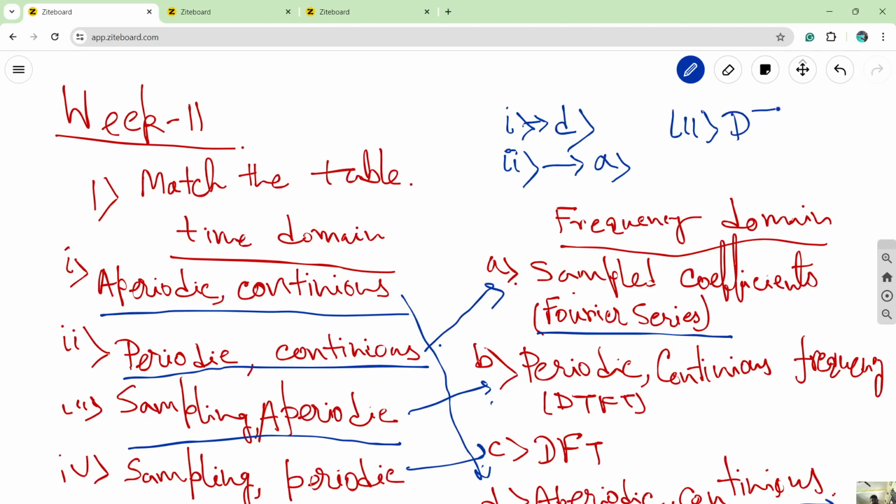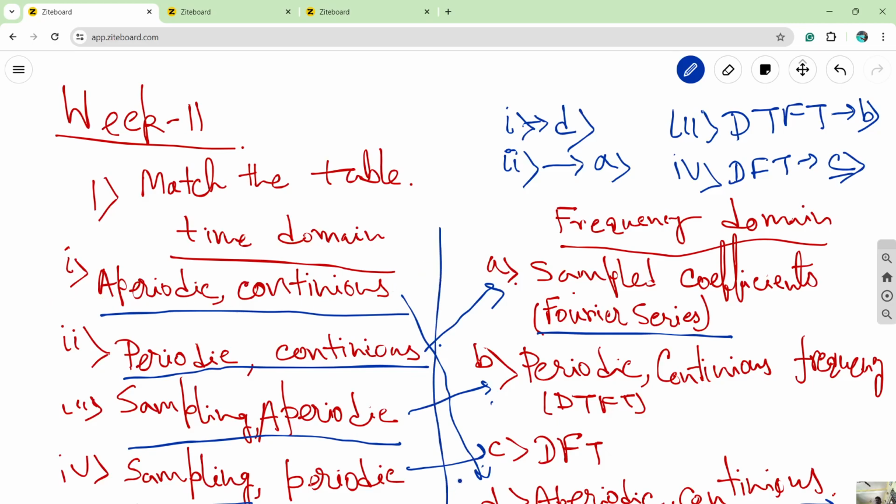So this is actually DTFT, option B. And if it is sampled and periodic in the time domain, it will also be sampled and periodic in the frequency domain. So that is also discrete and periodic in the frequency domain. So that is actually DFT. That is C. So this is the relationship between the time domain and frequency domain.